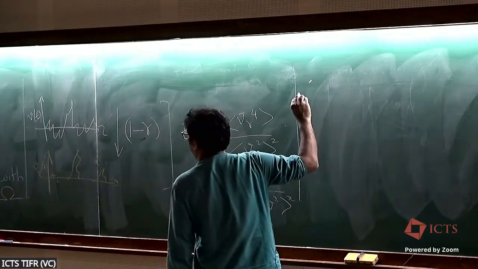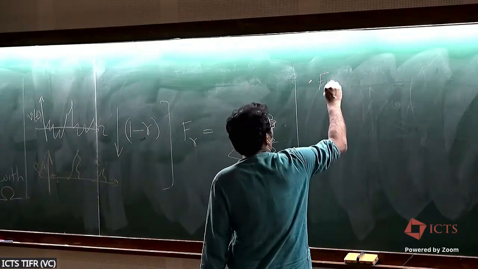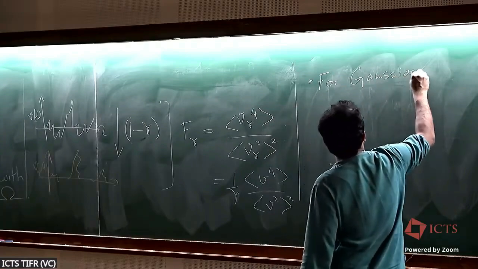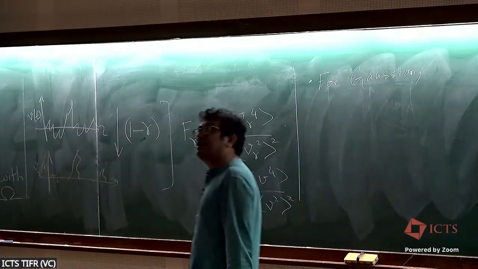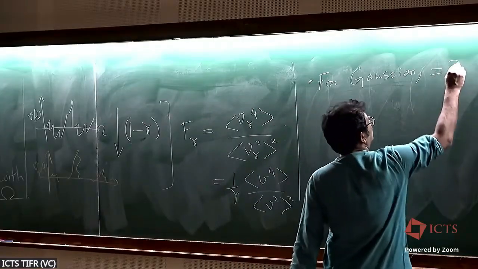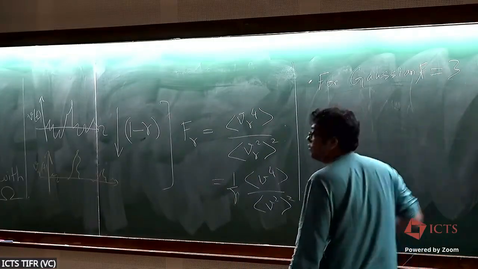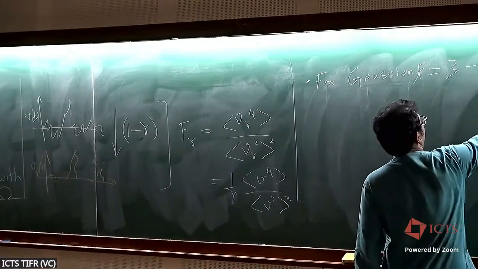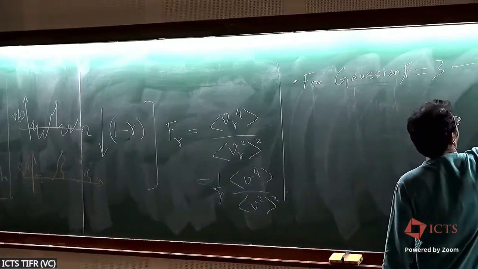Okay. And so a few final remarks. If your signal is Gaussian, the flatness for a Gaussian signal will have a unique value, which is equal to 3. F is equal to 3. It doesn't depend on any scale, and this, by definition, will be non-intermittent.